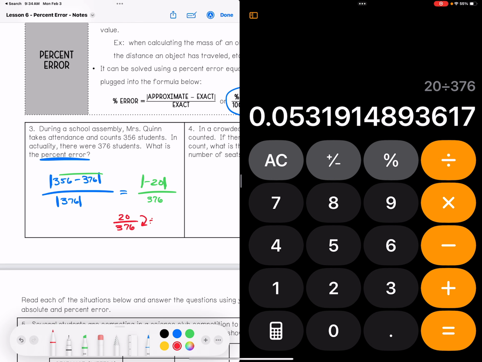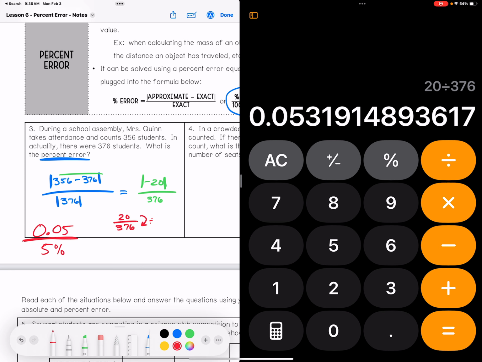You're going to get 0.05, okay, which is the percent. I can't write on the screen right here, but it's 0.05. That's not the answer. You got to convert that to a percent, which is 5%.